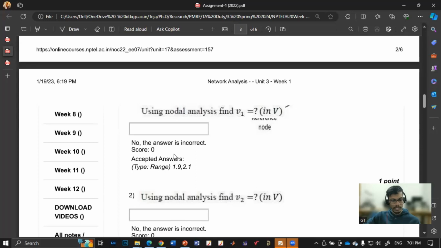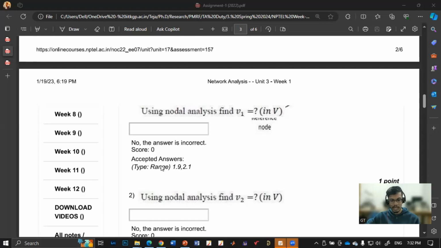There are two types of questions. One is range type, where there will be a particular range within which you have to write your answer. If it is in that range, you will get full marks, else you will not. There are other types of questions where you have to write the exact value. If you deviate from that exact value, say the value is 2 and you have written 2.01, you will not get marks, because the type is not range.